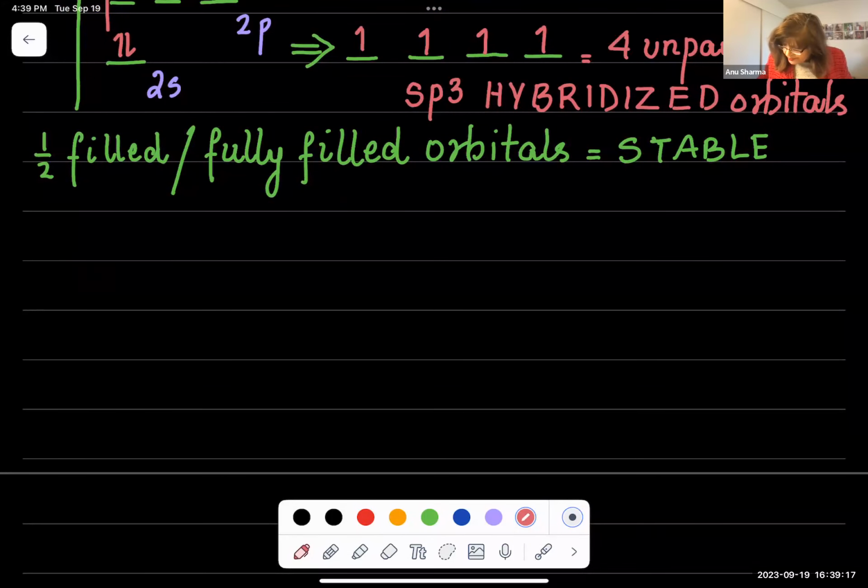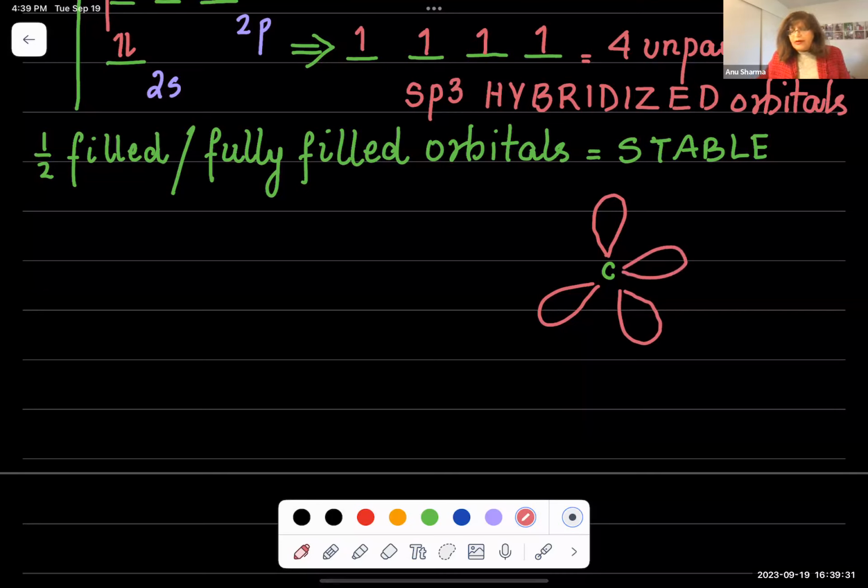So how do you show them? Here's carbon, and you have them in a tetrahedral arrangement: one orbital at the back, one in front, one on the side, and one on the top, each containing one unpaired electron. So sp3 hybridized orbitals make carbon.